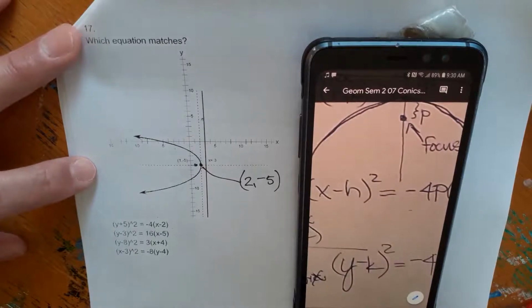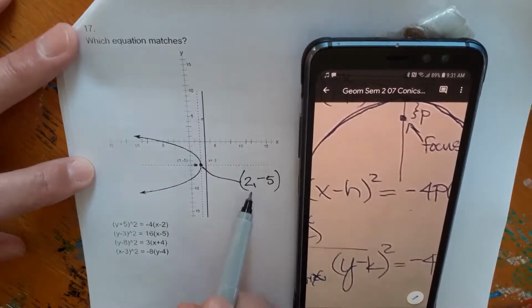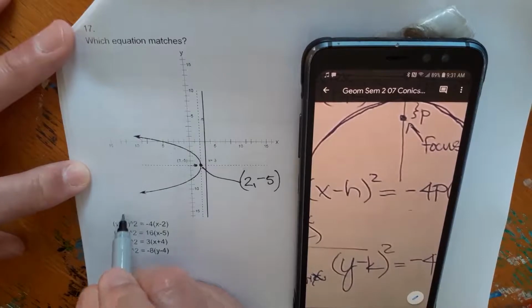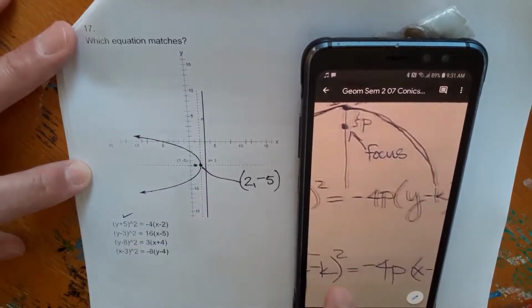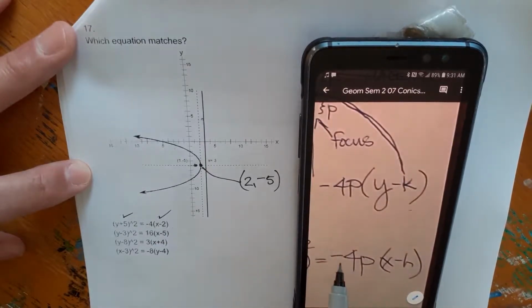When you copy these into your comp book, you're going to copy them in a little bit cleaner than I did on my paper. All right? That's the only excuse I got right now. Otherwise, I don't have a good excuse for this. So y minus k, this is the k value here, negative 5. A minus minus is plus, so we're going to have y plus 5 squared. There we go. Check. That looks better. We're going to go to the right side. It's x minus h, or x minus 2. Check. And we have a negative 4p. So the p in this case is, looks like 1 between the focus and the vertex. 4 times 1 is 4, and there's a negative, so that checks out.